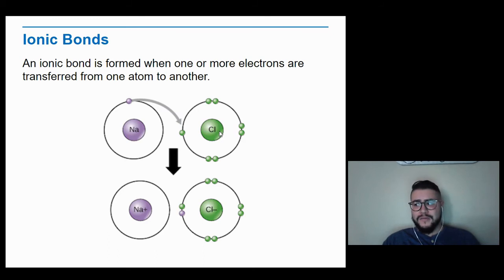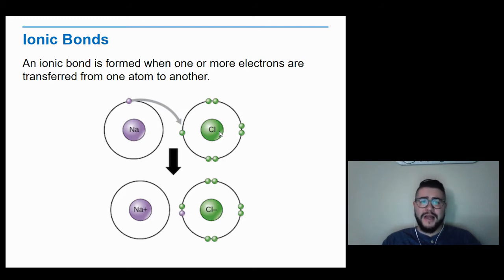What you need to know about that shell is it's most stable when it has either 8 electrons or 0. Because of those properties, elements can either give away electrons or share electrons with other elements, to get either 0 or 8.